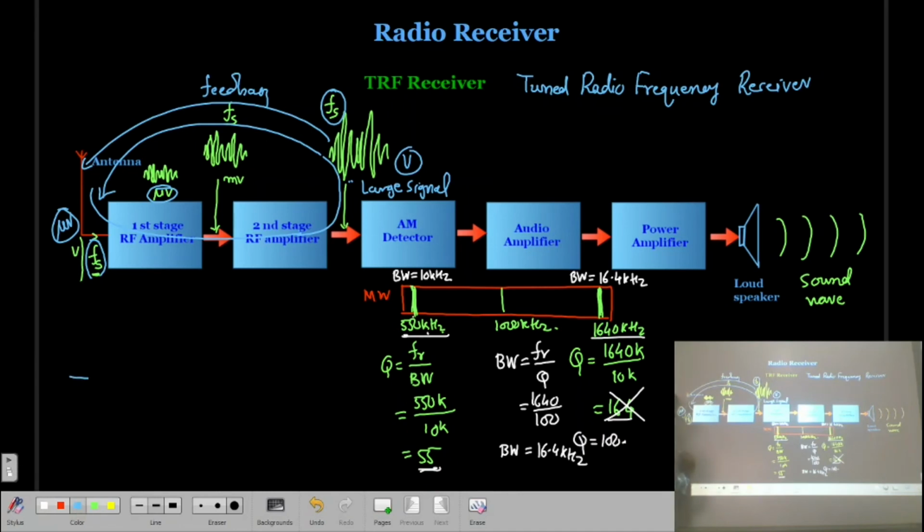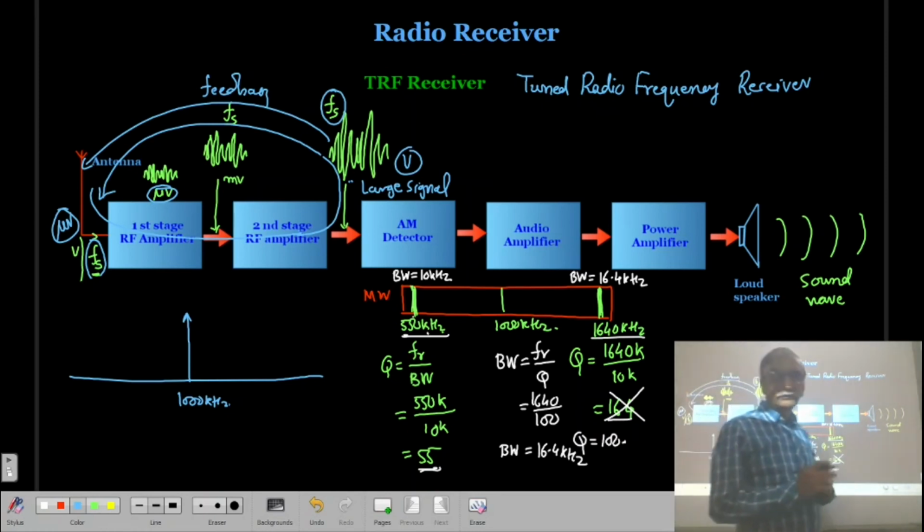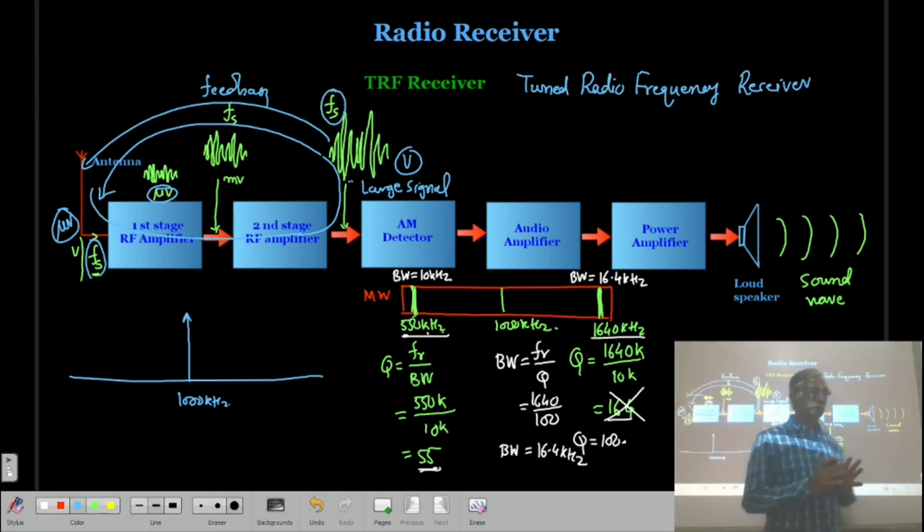Remember, this is my tuning frequency. Correct? Here, I am tuning 1000 kilohertz. Suppose 1000 kilohertz, correct? And what is the bandwidth of the AM wave? That is 10 kilohertz.